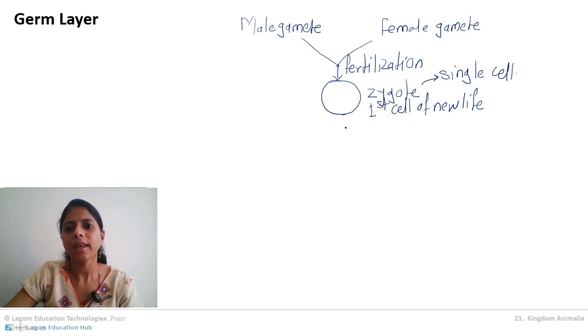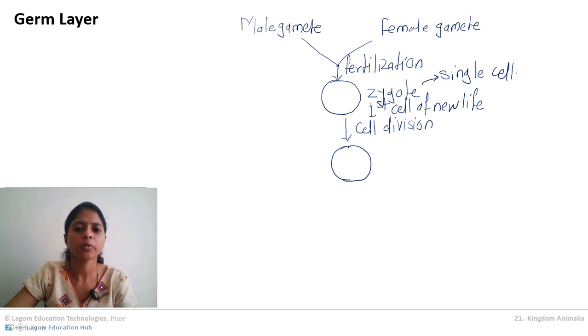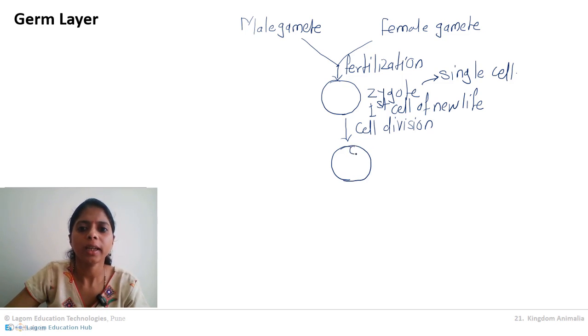Now once the zygote is formed successfully, the zygote immediately undergoes cell division. See, zygote does not increase in size, but it immediately undergoes several cell divisions. So initially one cell forms 2, then 2 forms 4, 4 forms 8, 8 forms 16. So likewise, after some time, the whole zygote is full of new cells.